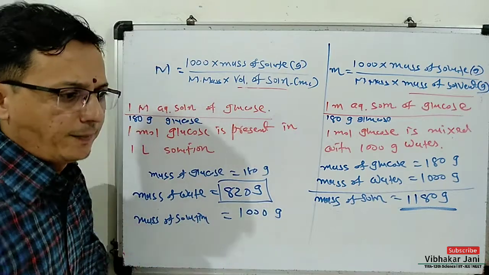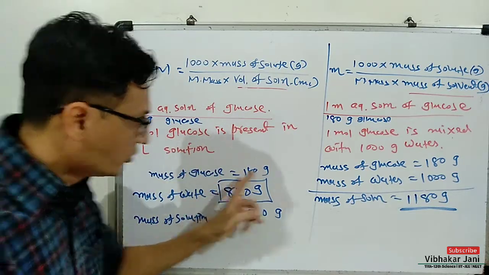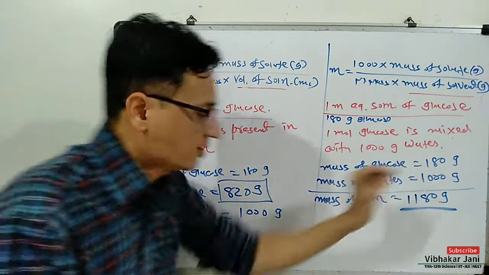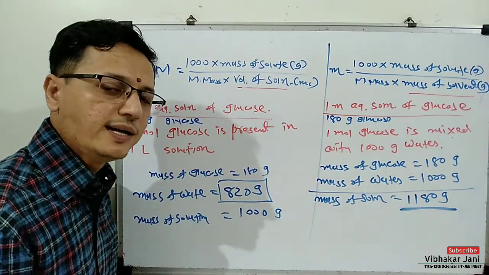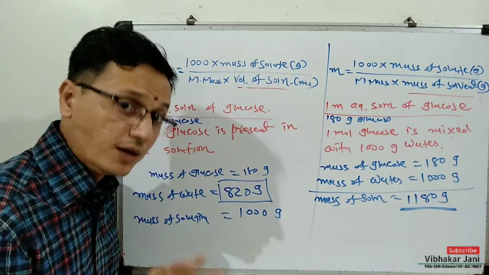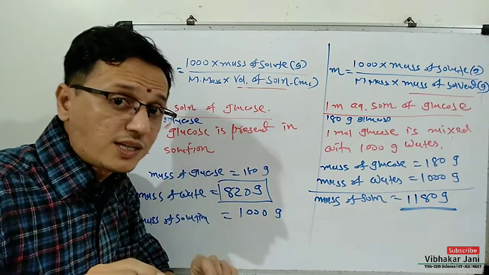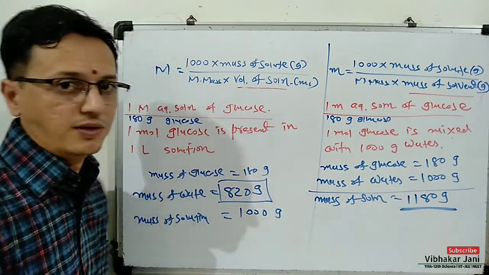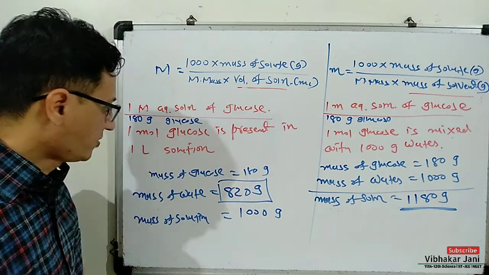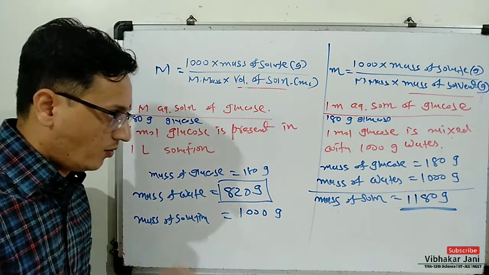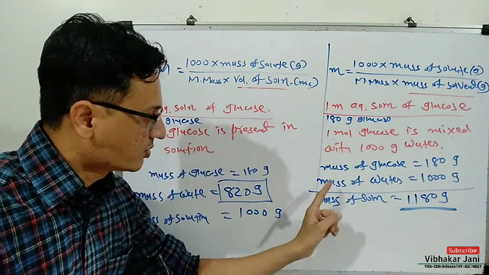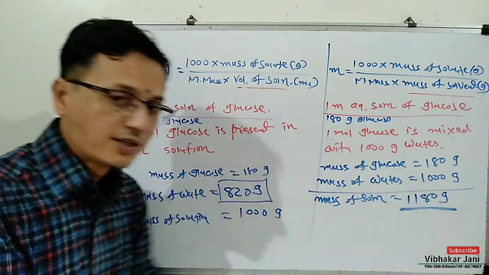Ultimately, the amount of glucose in both these solutions is the same. Both contain 180 gram glucose. But the amount of water in both these solutions is different. In 1 molar aqueous solution, the amount of water is only 820 gram, while in 1 molal aqueous solution, the amount of water is 1000 gram.